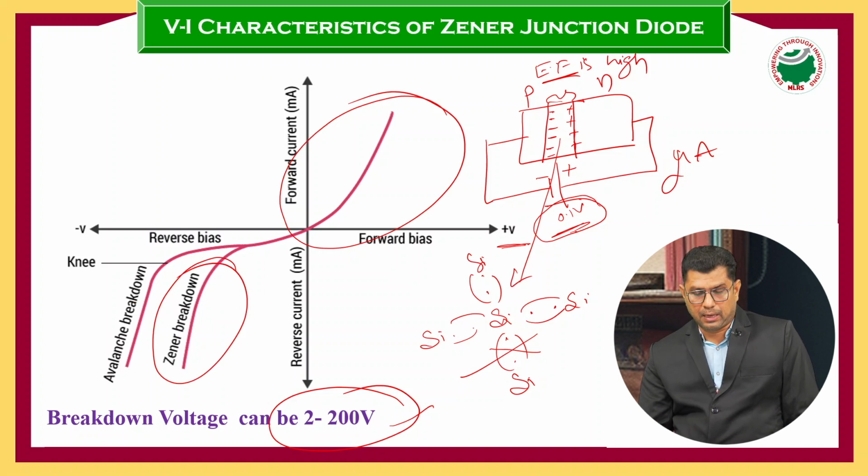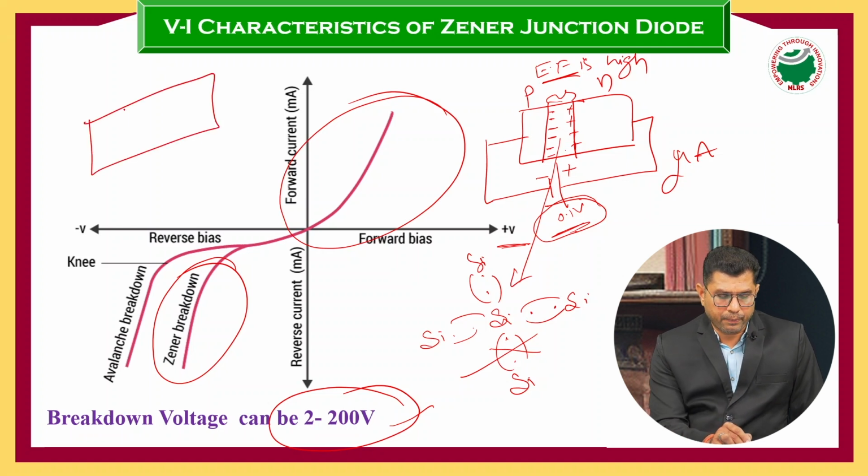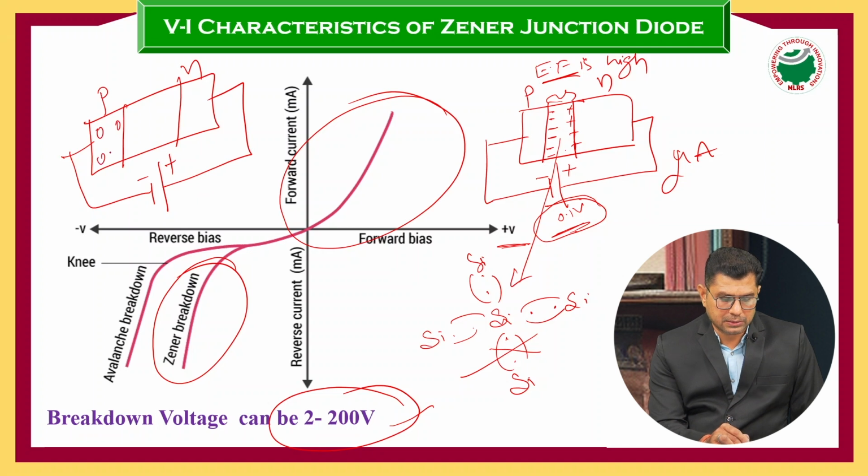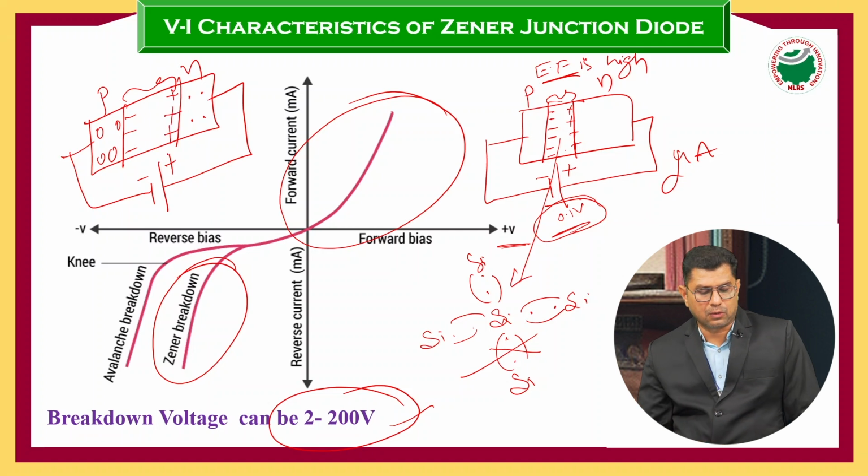If the doping concentration is low, with p type on one side and n type on the other, and you are operating in reverse bias, the width of the depletion layer is high and the availability of acceptor ions is low.